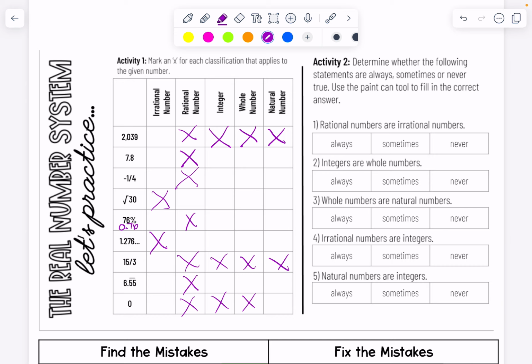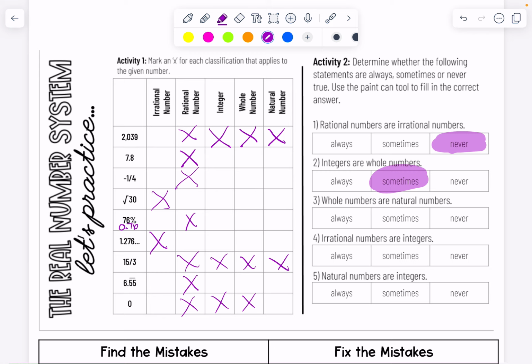When we look at these statements over here, if they're always, sometimes, or never true: rational numbers are irrational numbers, that'll never be true. Integers are whole numbers, sometimes they are. If I said +5, 5 is an integer and also a whole number. But -5 is only an integer and not a whole number.